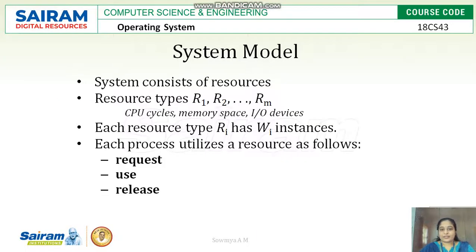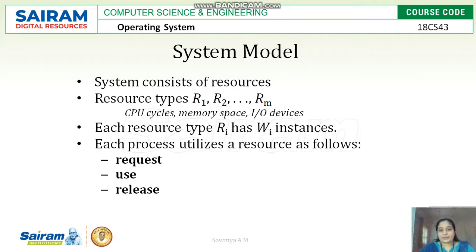So first we will see the system model. The system consists of all the resources in it. The resources may be CPU, memory, input output devices, registers, all those things required for execution of a process.